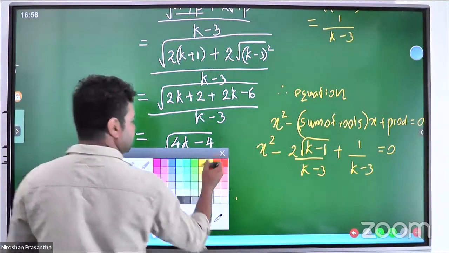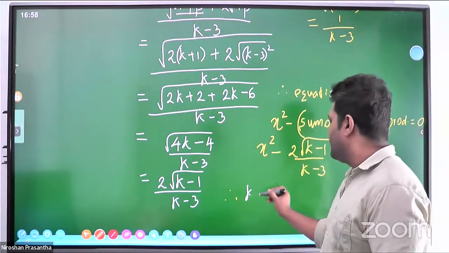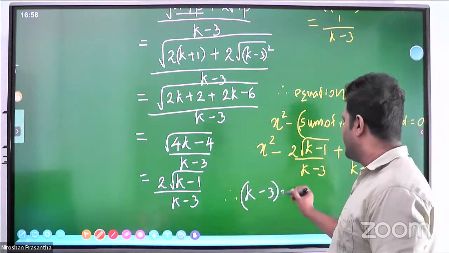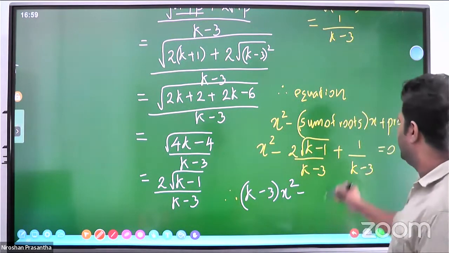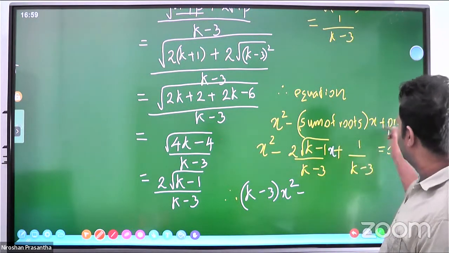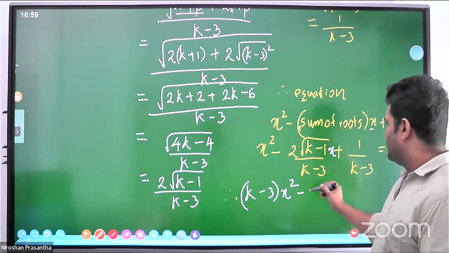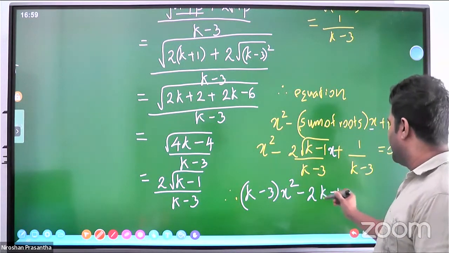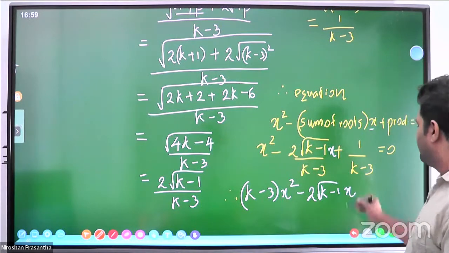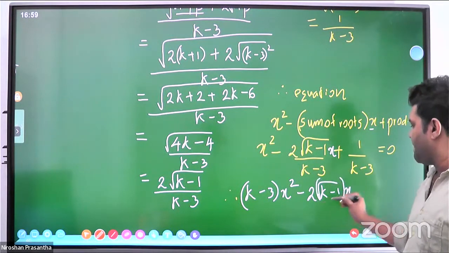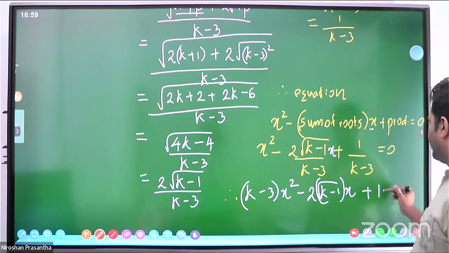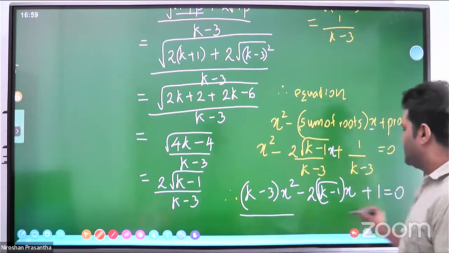Your answer is k minus 3 times x square minus 2 times k minus 1 times x, plus 1 equals 0. This is the answer.